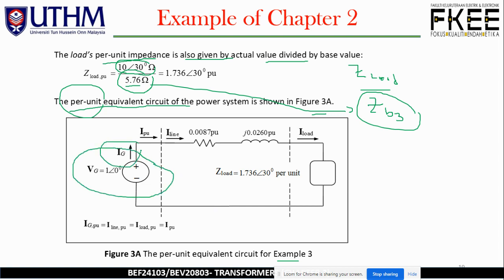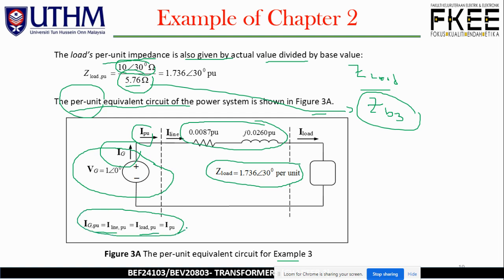So we have the IG, we have the IPU, and we have connected all the elements in series, starting from the Z line PU, here the transmission line PU, as well as the Z load PU, whereby IG PU equal to I line PU equal to I load PU equal to IPU.